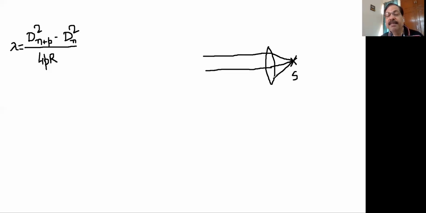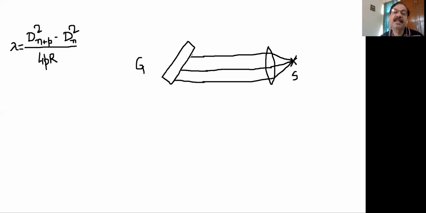I am discussing the experimental setup of Newton's ring, and there is a glass plate G. When the light wave is incident or falls on the glass plate, it partially reflects at an angle of 90 degrees, because this glass plate G is placed at 45 degrees.